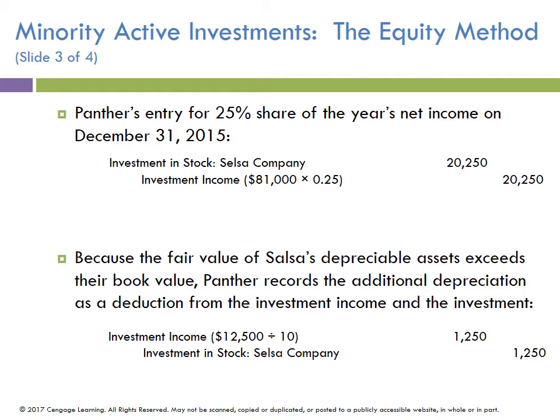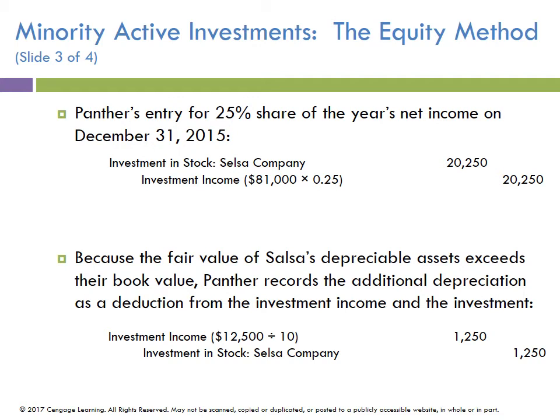Okay, so if you take a look on page 13-24, the depreciable assets, the book value is $400,000. The fair value is $450,000. So the day that Panther purchases Salsa, they actually are paying for value that's more than the book value.